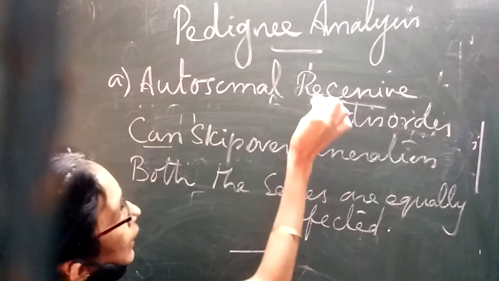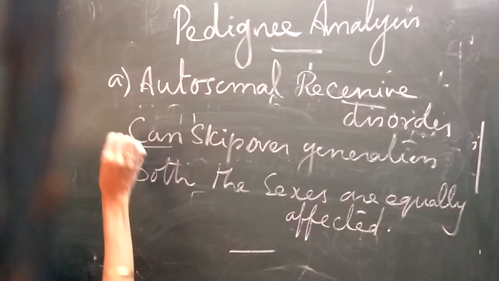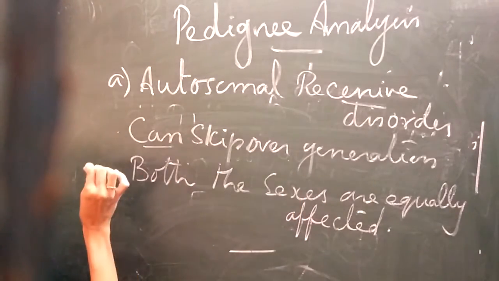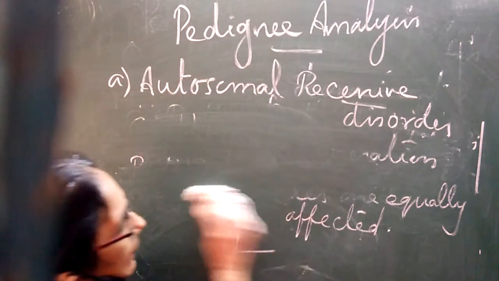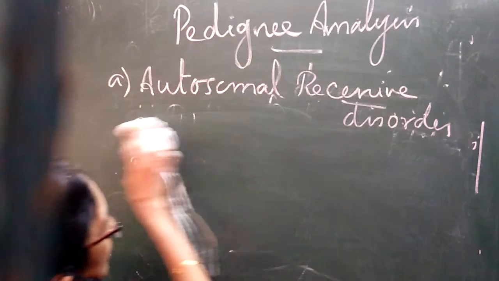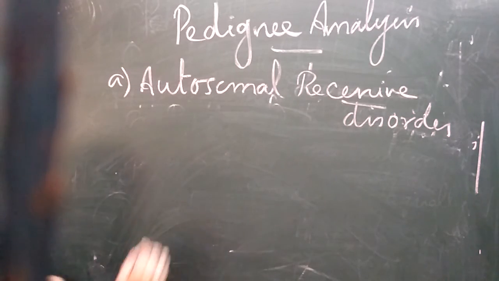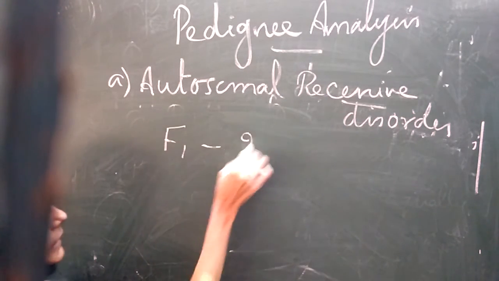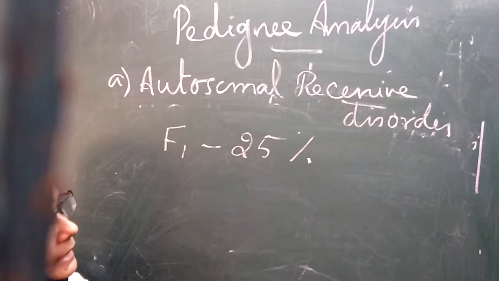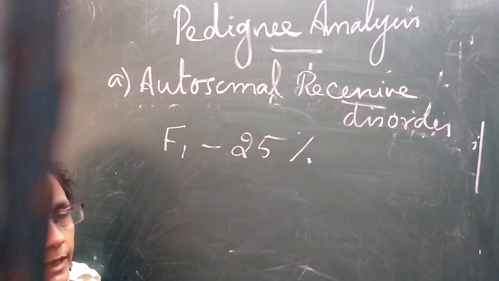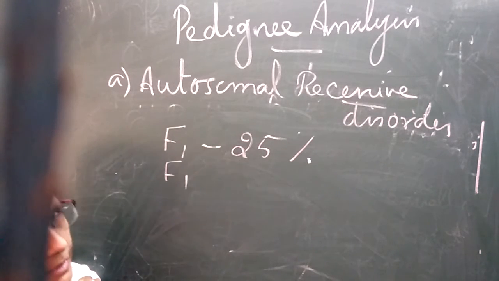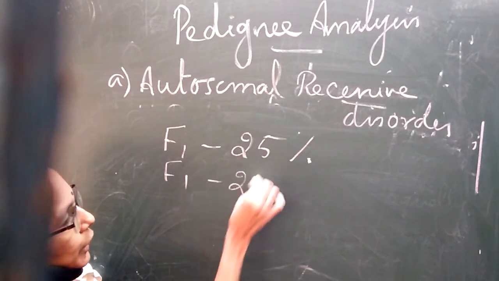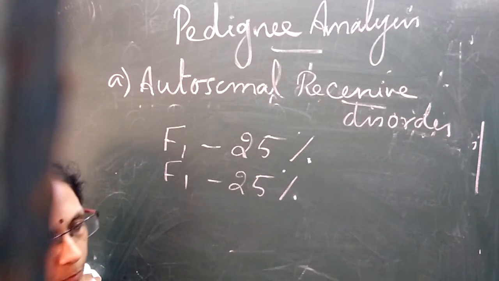So the rule for autosomal recessive is it can skip over generation, both the sexes are equally affected, and in the parental generation, if both the parents are unaffected carriers, then in F1 generation 25% will be affected. Or if only one parent is affected, then also in the F1 generation 25% of offsprings are affected.